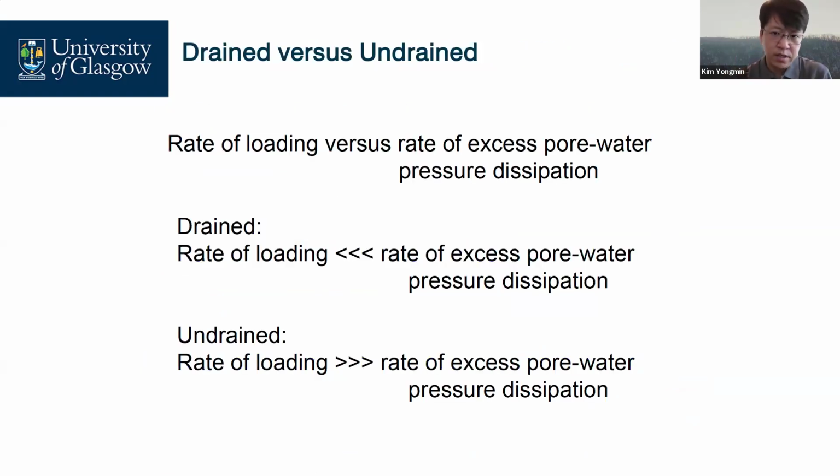Drained and undrained is a different rate of loading versus rate of excess water pressure dissipation. Drained means the loading rate is quite low. Undrained, loading rate is quite high, so there is no time to dissipate the excess water pressures.